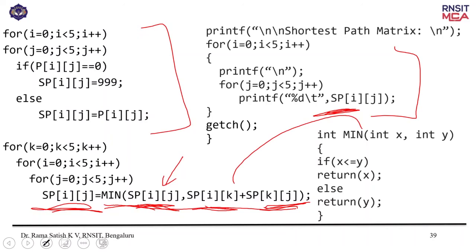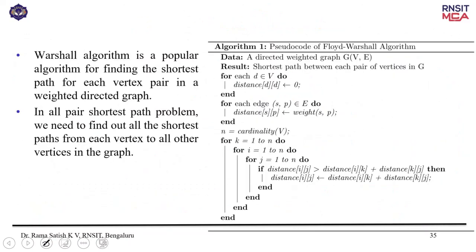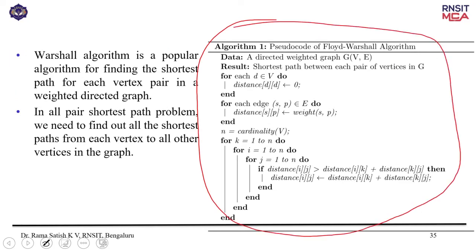So this is the program. And manually I have shown how exactly it is calculated. So this is what you call the minimum shortest path algorithm. And of course, in the examination, you have only the program and you can certainly write the algorithm. The algorithm is very simple, very similar to your program.